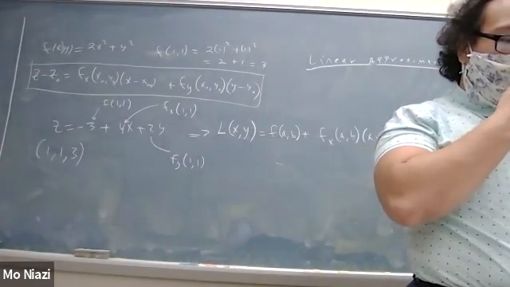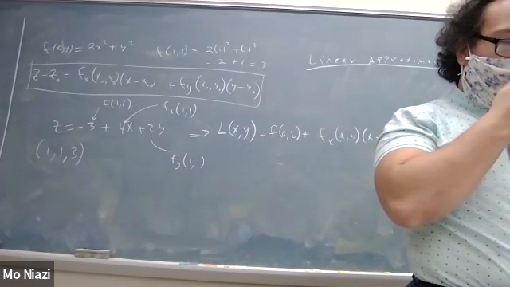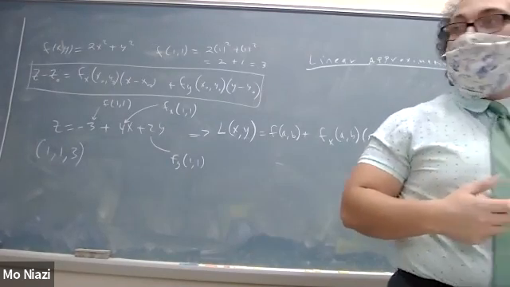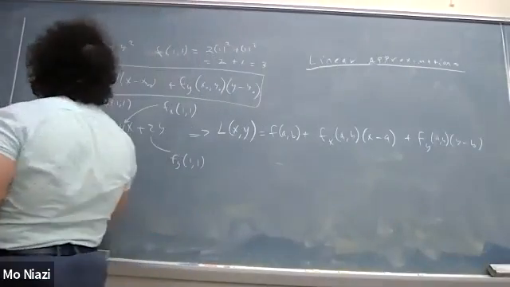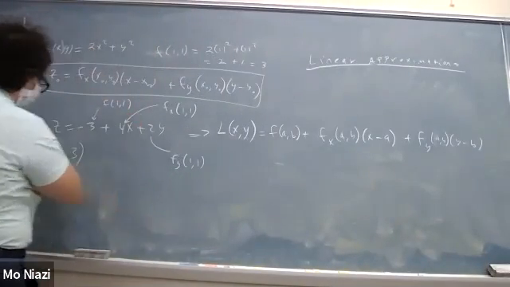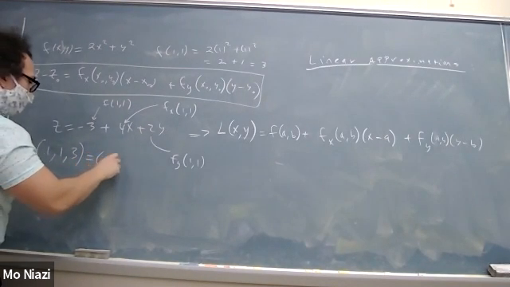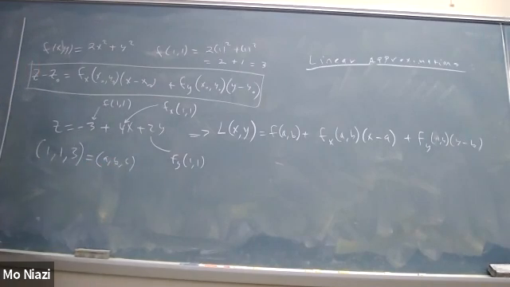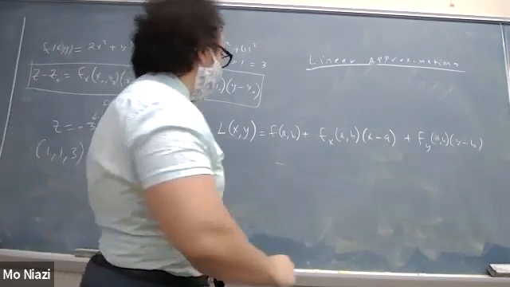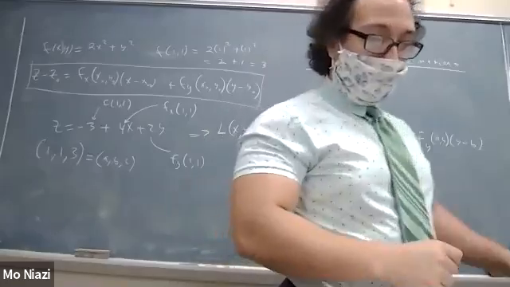They're just your point of reference. Before it was x naught, y naught, z naught, which was 1, 1, 3. And now it's just A, B, and C. It doesn't matter.